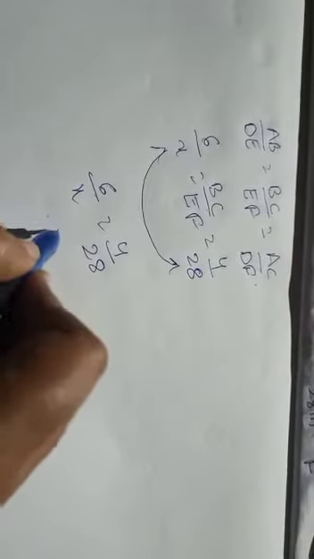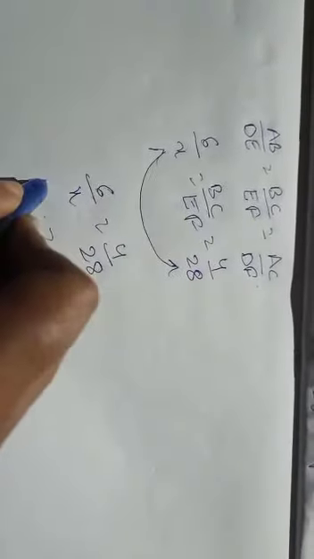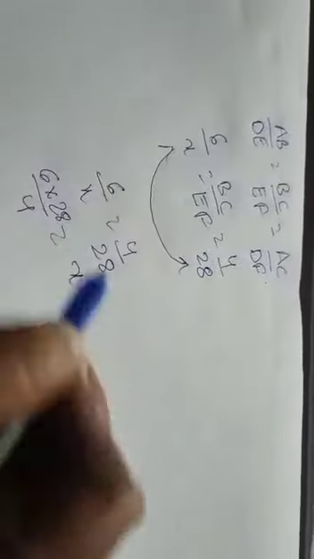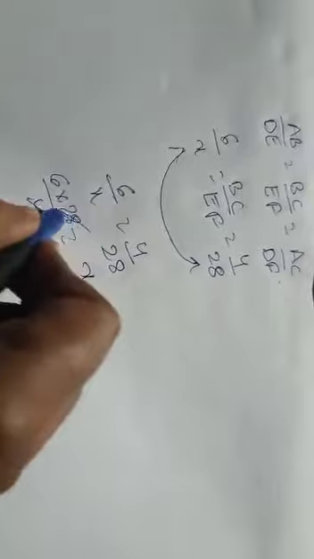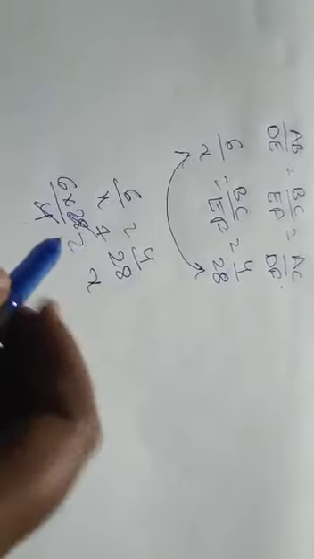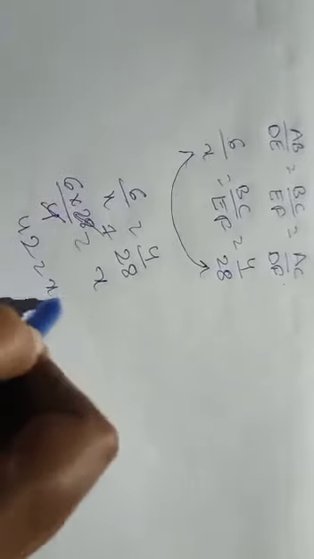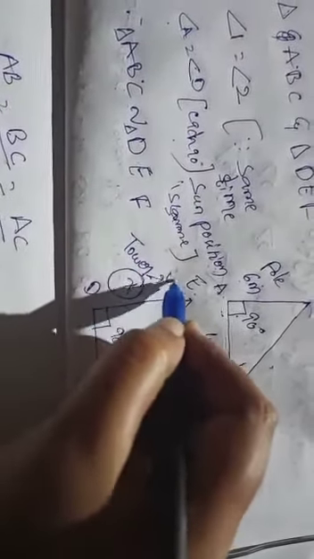Here X equals 6 into 28 by 4. 4 sevens, 6 sevens 42. X value, the height of the tower, is 42 meters. Is it clear?